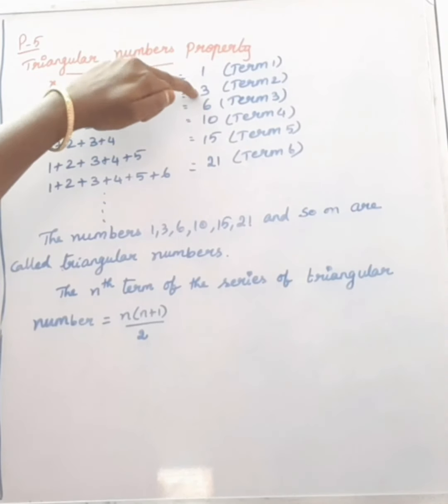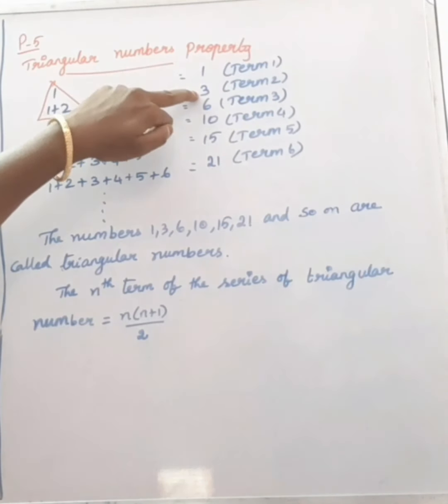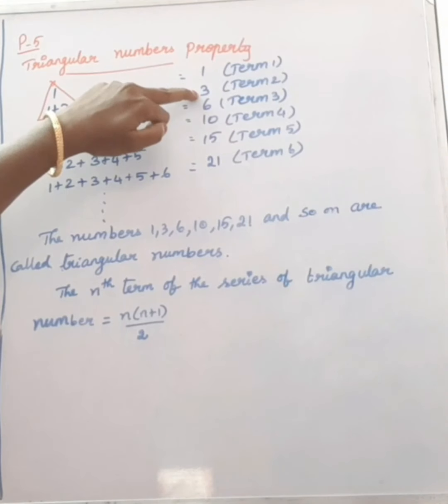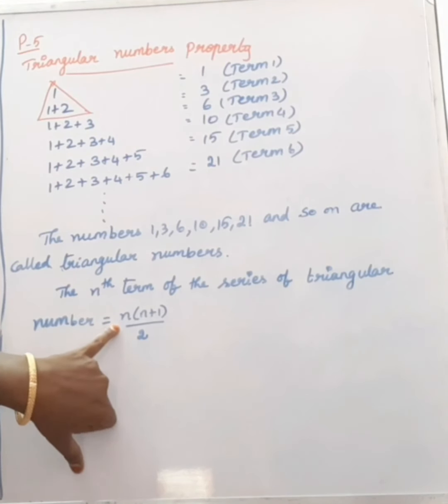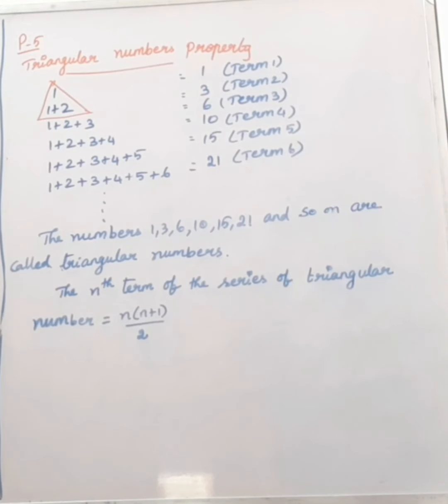See the next number, it is 3. Here we want to apply the value. Am I right? So what is the n value here? The n value means number of terms. Okay.